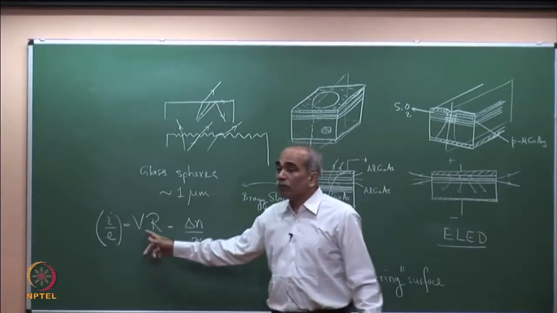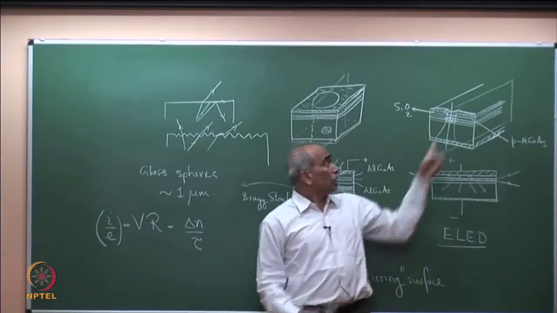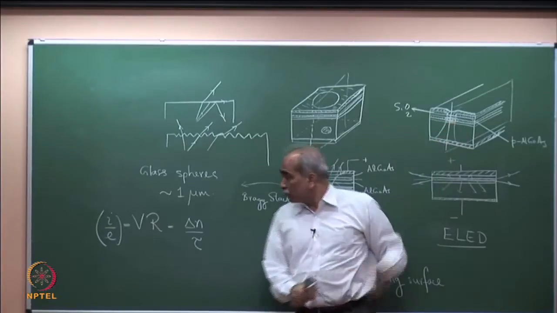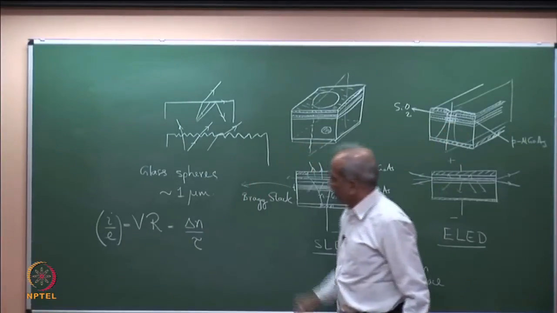V is the volume of the region where recombination takes place. So, this expression we have.